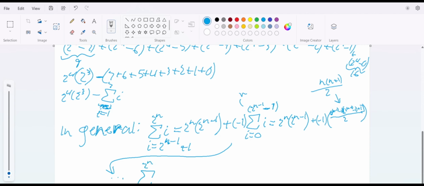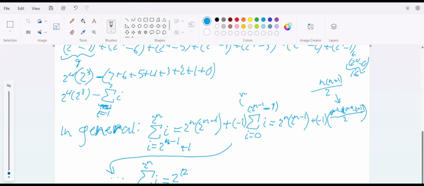You get the sum of i from 2 to the n minus 1 plus 1 to 2 to the n, and this is equal to 2 to the n minus 1. Oh, nope, that is wrong.